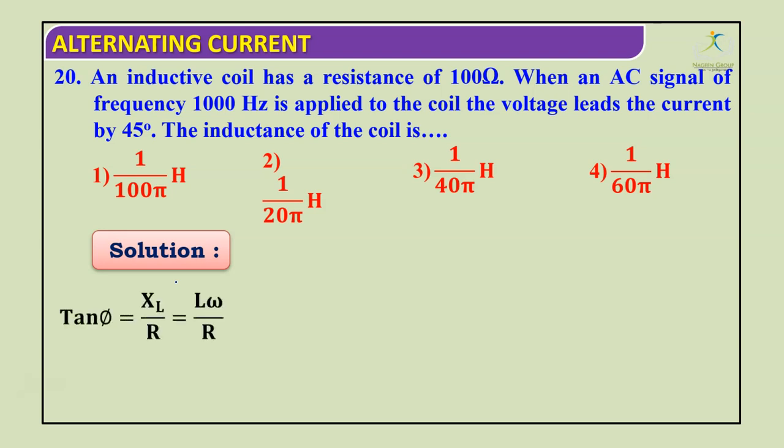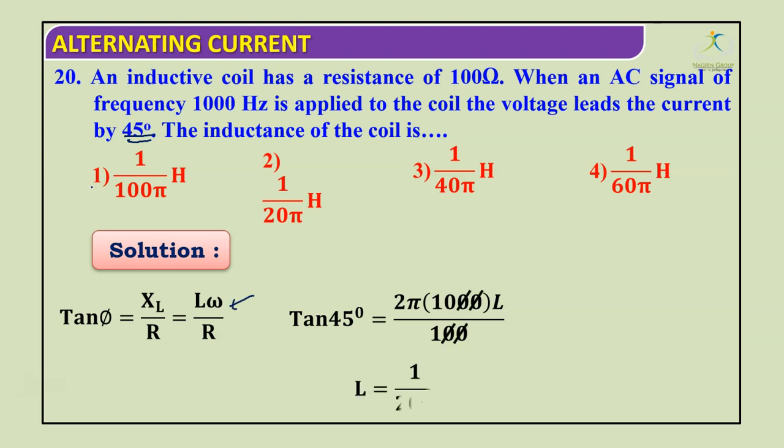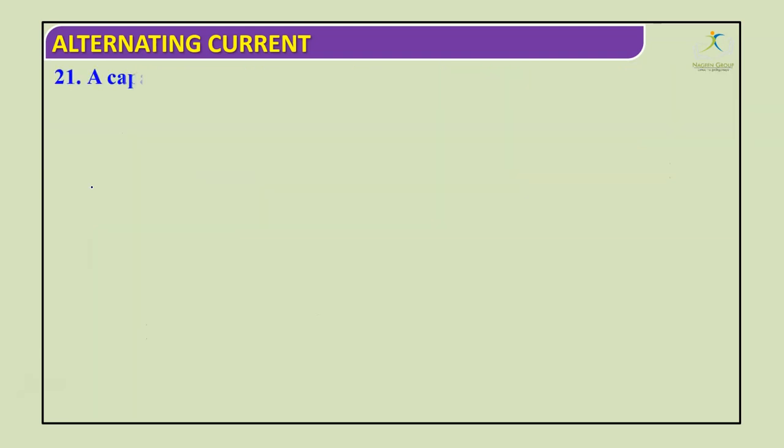We know that tan phi is equal to X_L by R, where X_L is the inductive reactance, which is omega L by R. Tan 45 because the angle is given. Put all these values in this formula and get the result: L equals 1 by 20 pi. The second option is the right answer.